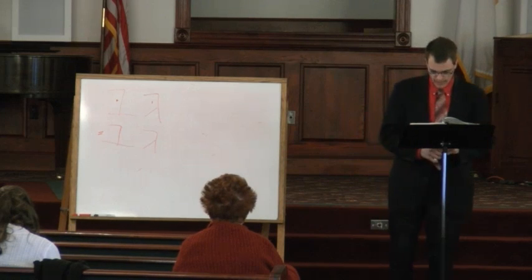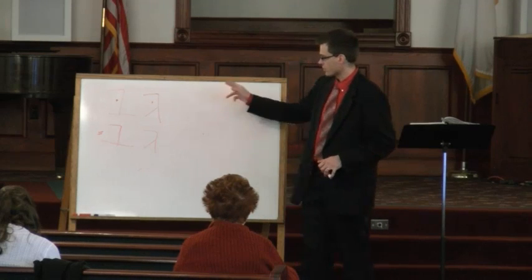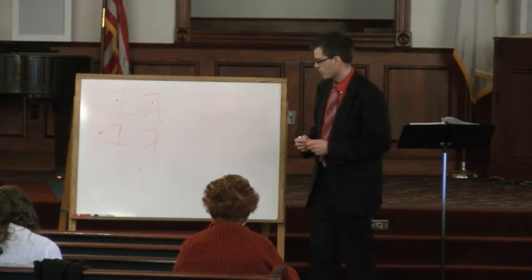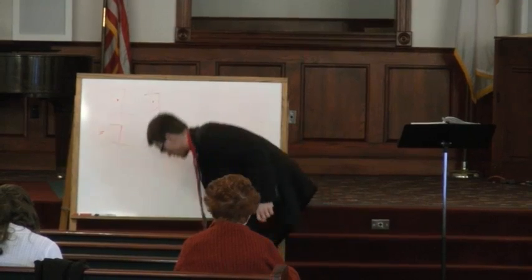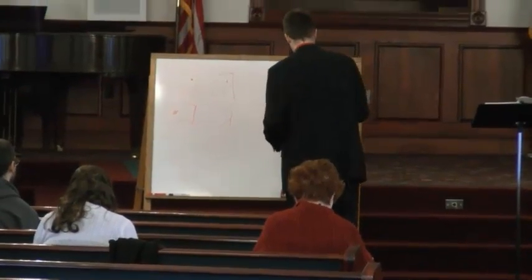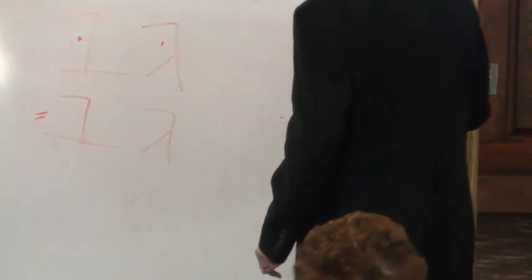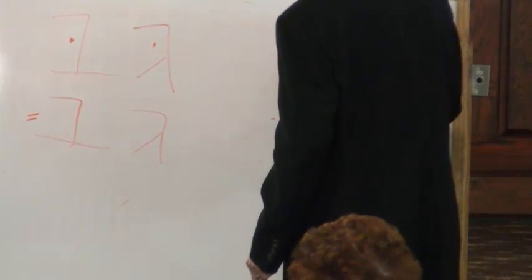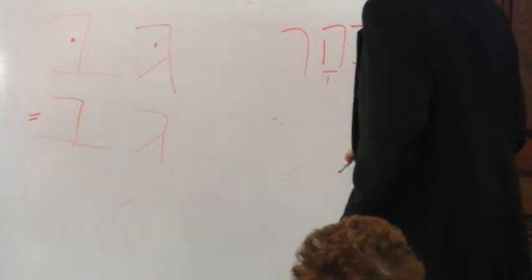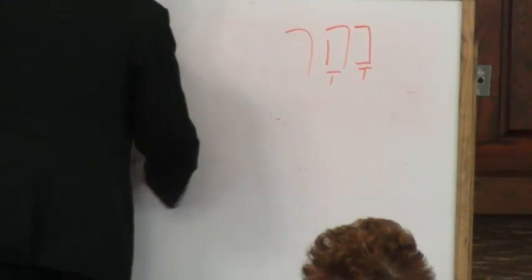So that's when you have the Dagesh lene: beginning of a syllable, and there's a consonant before it. So let's say you have the word Nahar, river. And then the next word is Bayith.